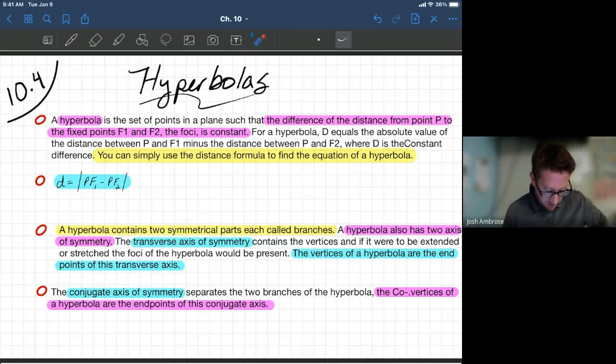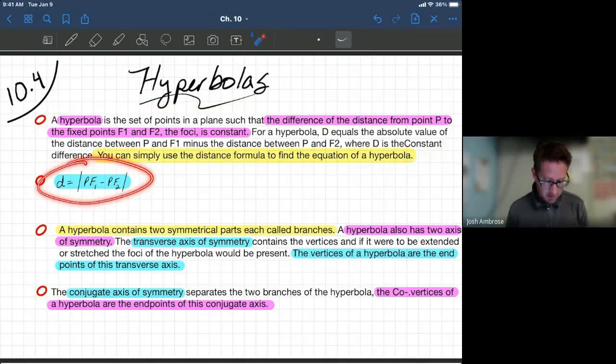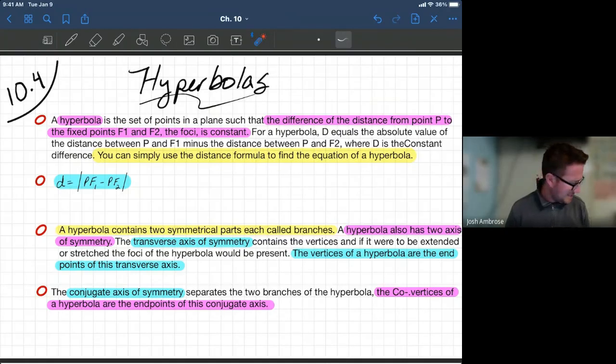This is what I just described, and here's the equation that we're using. That's going to be finding the constant difference for a hyperbola. Make sure you understand we're in absolute value, so you're always going to get a positive outcome as your answer.